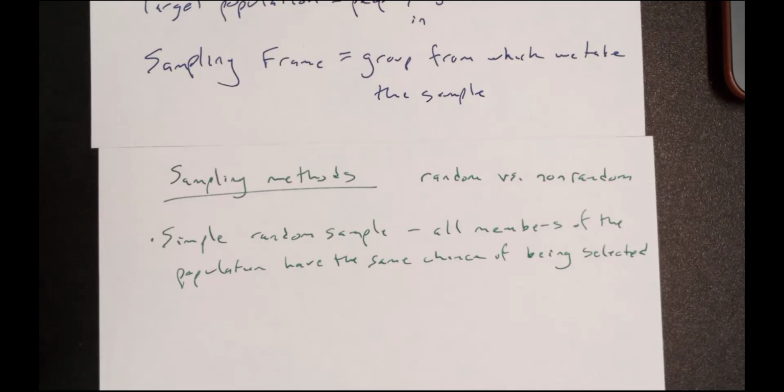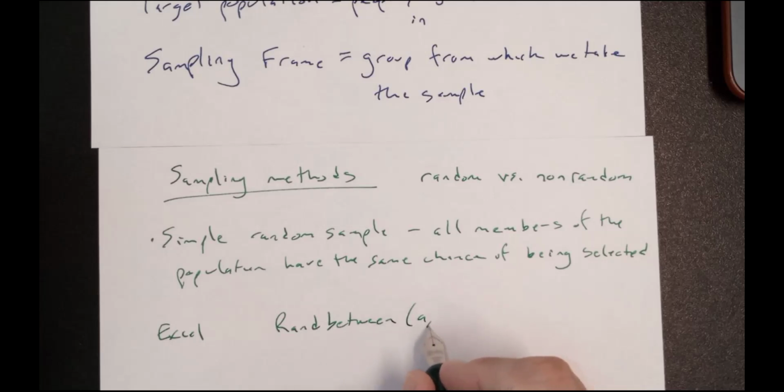I could use a random number generator. Excel has a function that generates random numbers. If you type that into an empty box in Excel and hit enter, whatever numbers you put between A and B, it'll generate a random number between A and B.